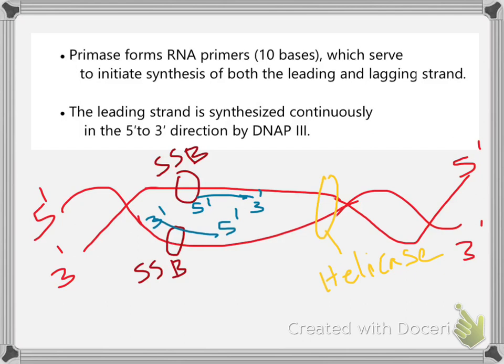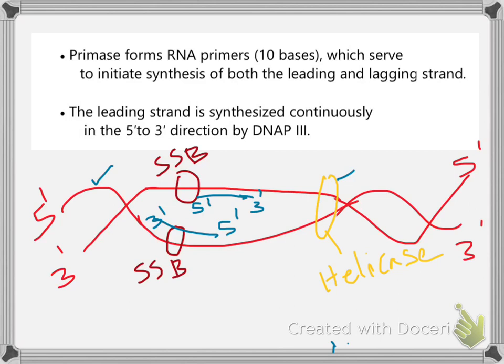So the structure will be like this. Here we have one double stranded DNA which is unwound by the enzyme helicase, and when the helicase moves, the SSB binds on both strands of the DNA to prevent the rejoining.